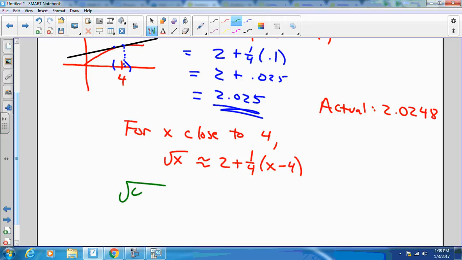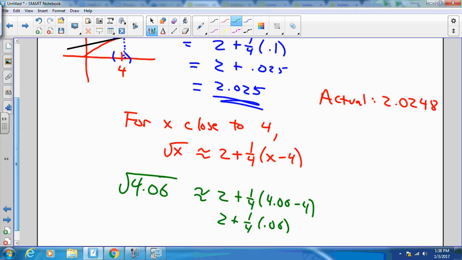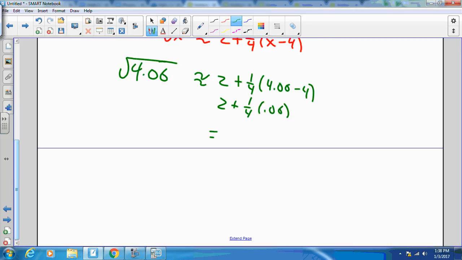So if you ask me, what is the square root of 4.06? Then I could say that that is approximately equal to 2 plus a quarter of 4.06 minus 4, which is 2 plus a quarter of 0.06, which is equal to 2 plus, let's see here, that would be 0.015.